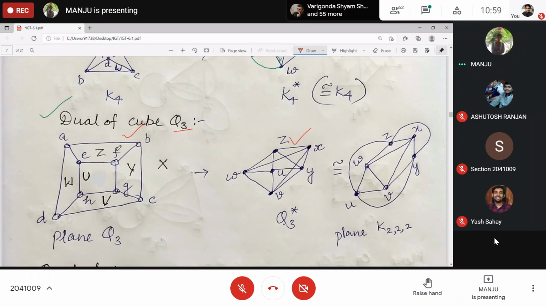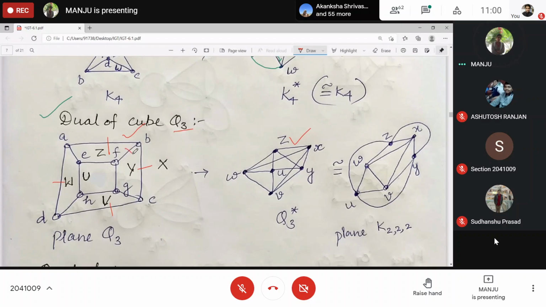Now, corresponding to X and Z, X and Y, X and V, and X and W: X is adjacent to all these 4. Will X be adjacent with this U vertex? Will there be adjacency between U and X? No, because there is no edge intersecting here; these two faces are not meeting. So X is adjacent to all these.